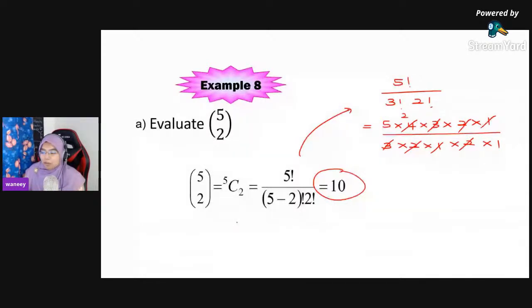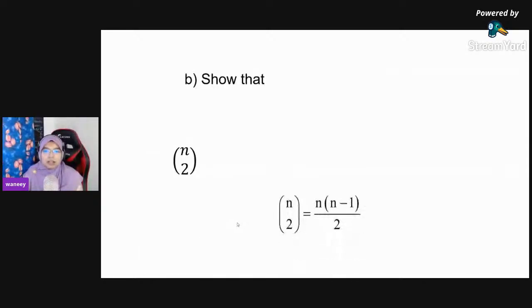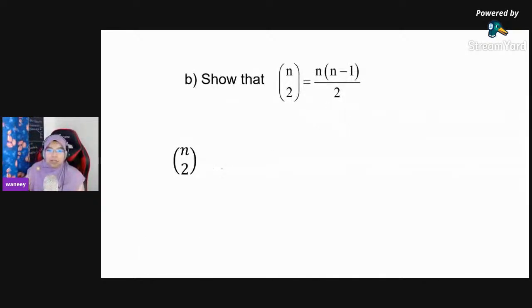So now I want you to do a proving question. Show that nC2 is equal to n times n minus 1 over 2. Make sure to start from the left hand side first, nC2, open it using the formula, and then try to simplify to get n times n minus 1 over 2. I will give you 3 minutes to try first.